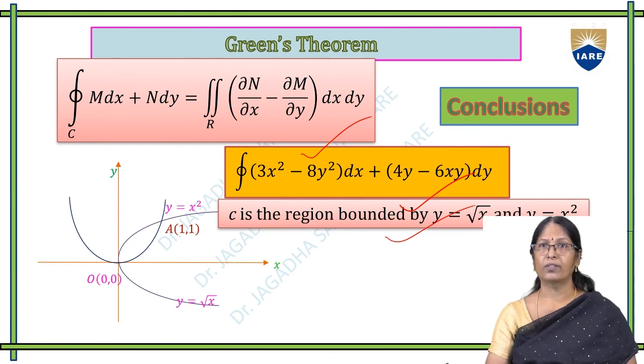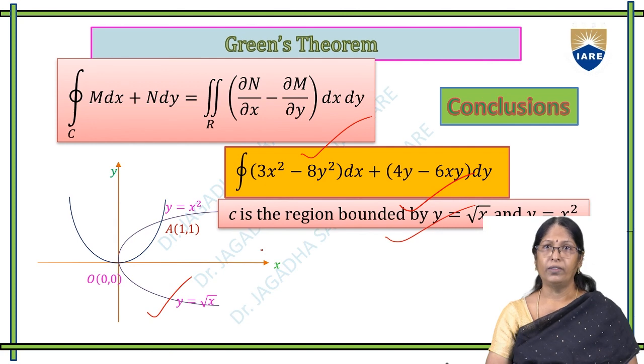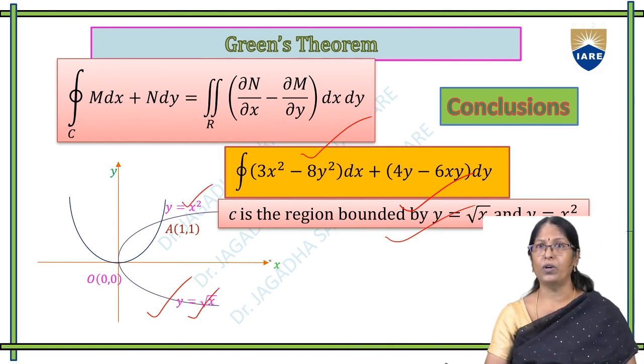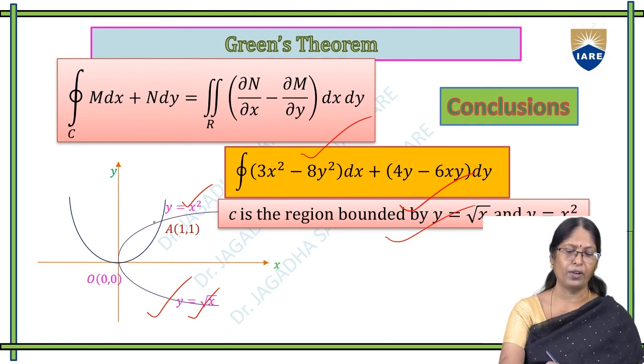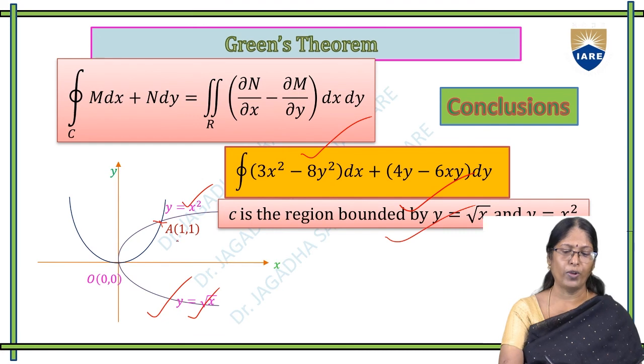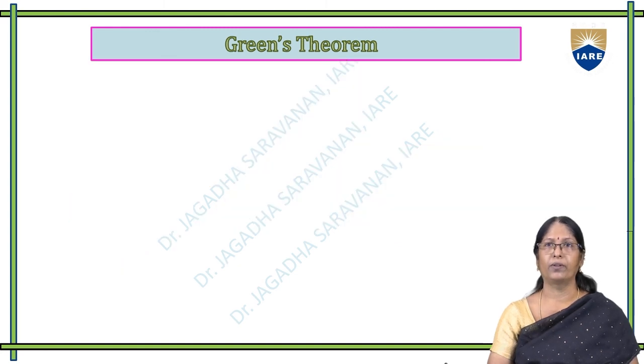So using these curves, we obtained this graphical figure. Y equal to x square, y equal to root x, two curves, and the point of intersection. We discussed in detail, and how we got this intersecting point also step by step in this video lecture.